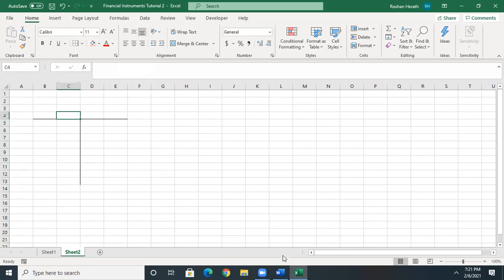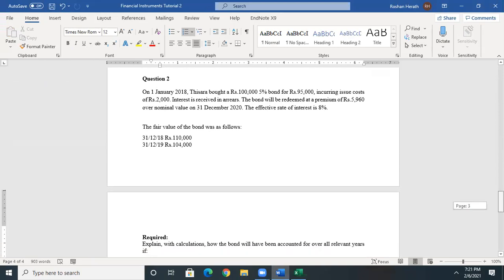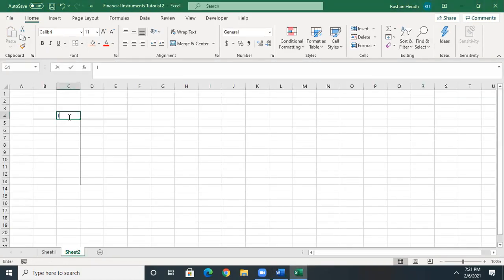This is your investment in bond. It's a financial asset at amortized cost. Get over amortized cost, right?